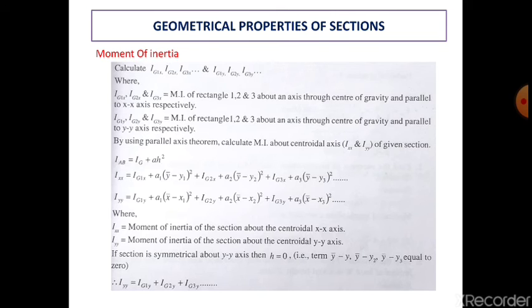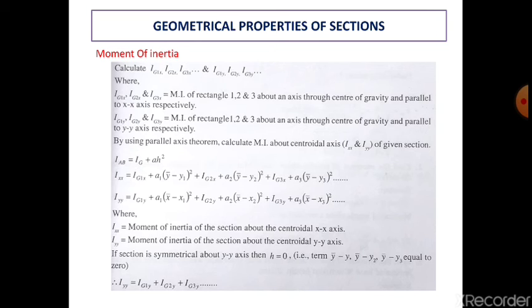And next is how to calculate the moment of inertia. To start with the calculation of moment of inertia, first we have to calculate the center of gravity by the previous method, using the same formulas.